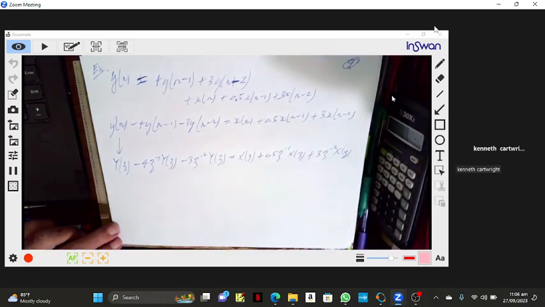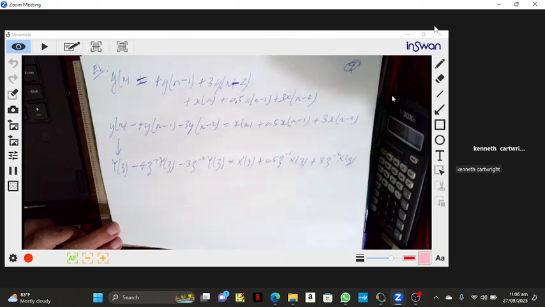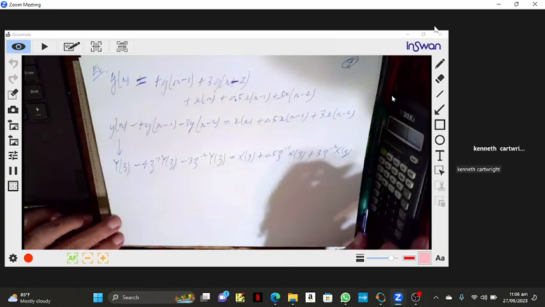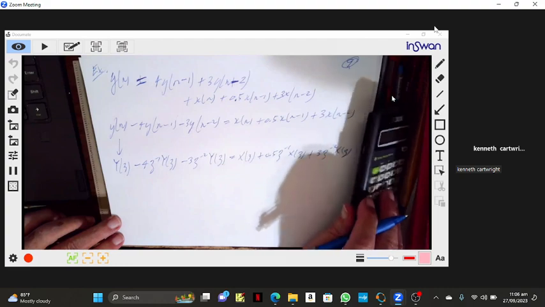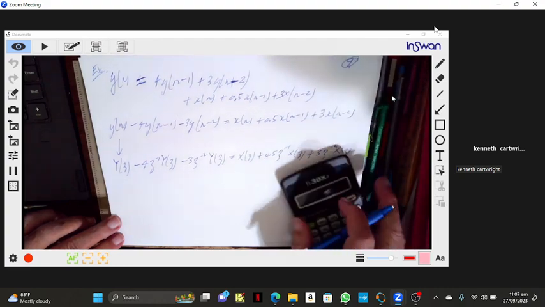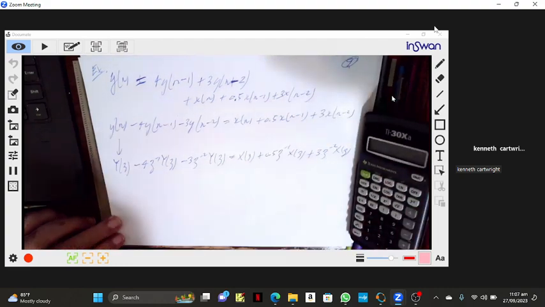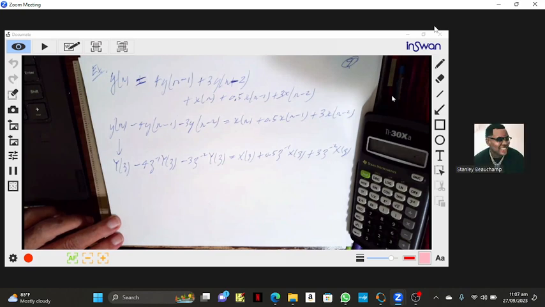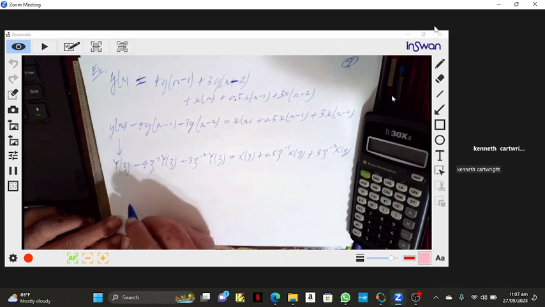Now what? We already know how to put them as a fraction. So, oh, we aren't ready for a fraction yet. We have to group like terms.